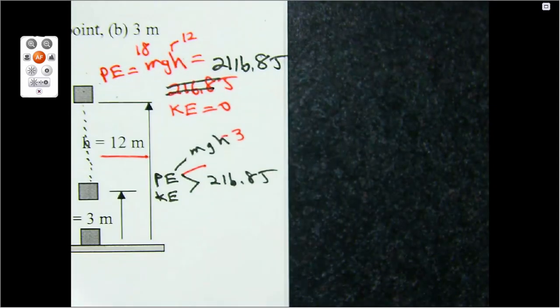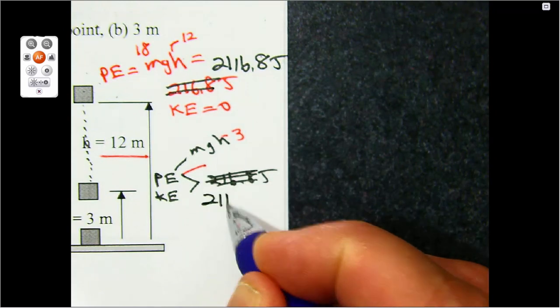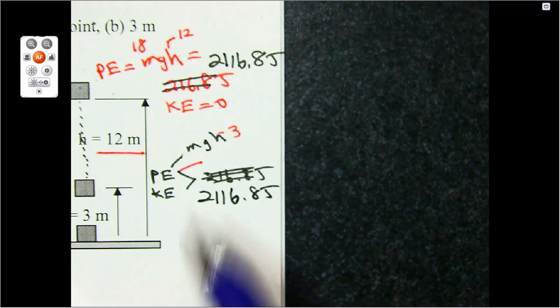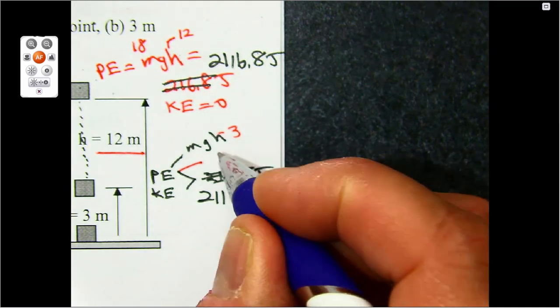Whoa, we're off to a rough start. 2116.8. So this is 2116.8. And when this is 3 meters here, this is 529.2.